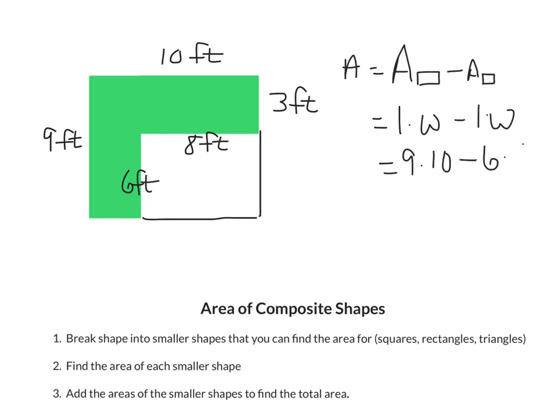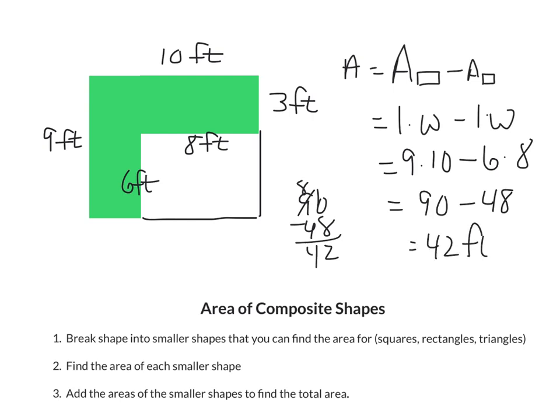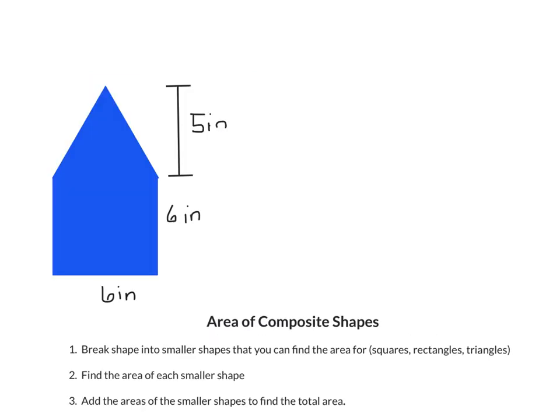So we need to do 6 times 8. 9 times 10 is 90. 6 times 8 is 48. And 90 minus 48 is 42 square feet.